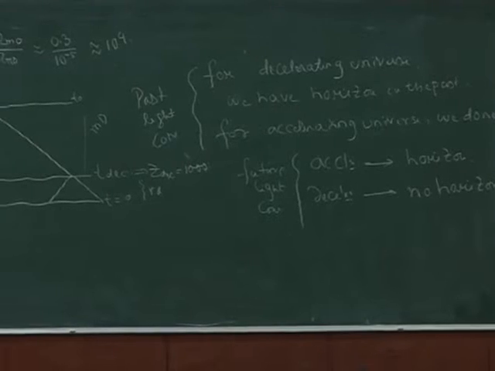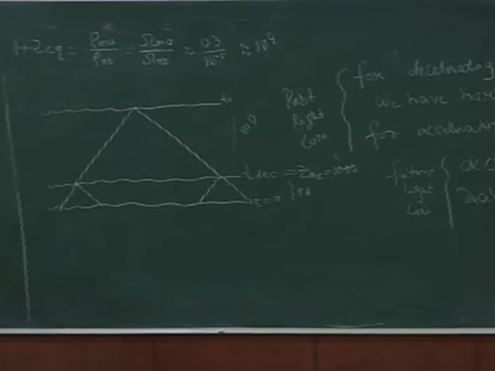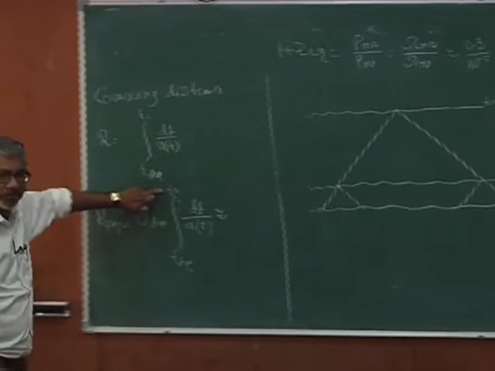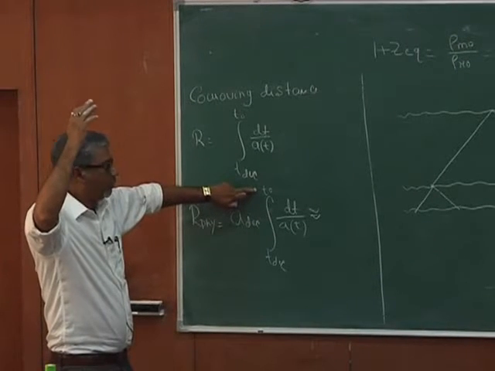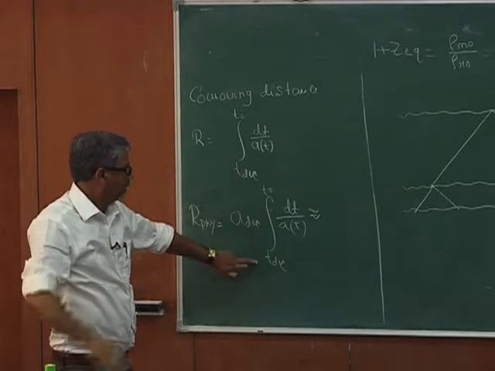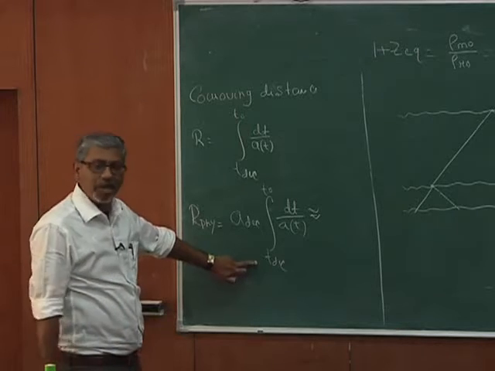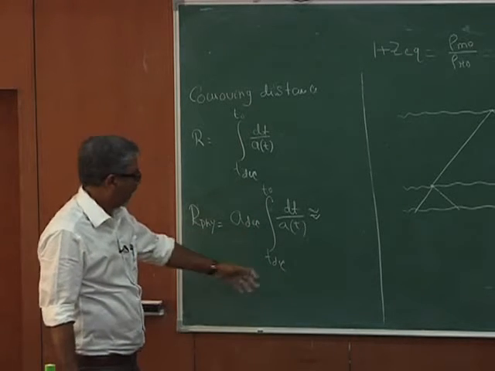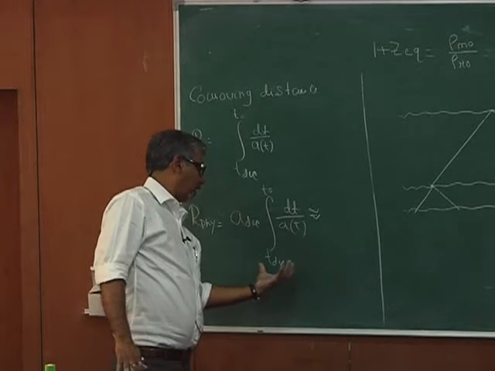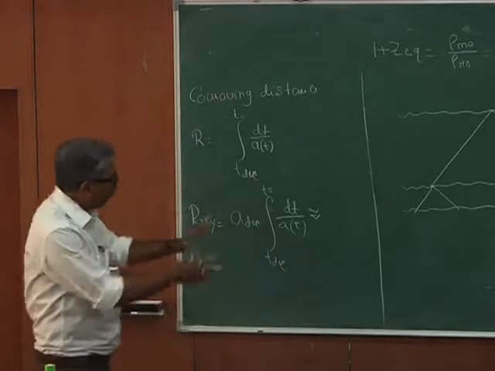What you get over here is this number, roughly, because t naught is around 10 billion years and t decoupling is roughly 400,000, so it is very small compared to this. I can ignore the contribution coming from here. So it's a ballpark calculation.